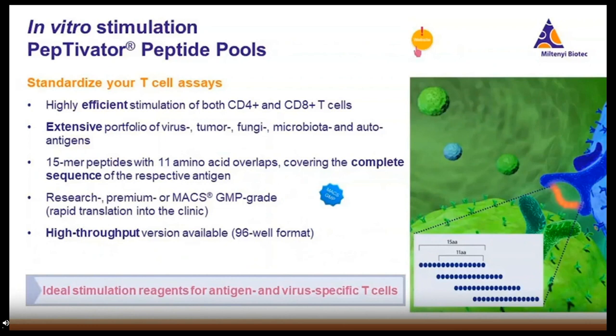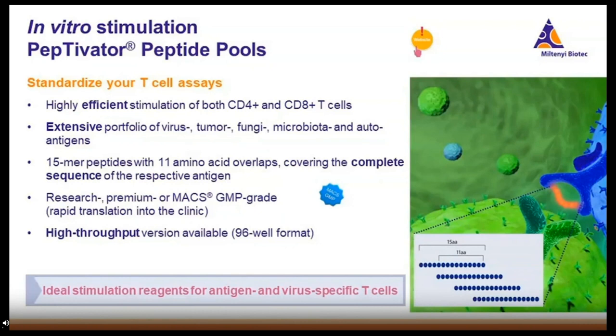The peptide pools always consist of 50-mer peptides with 11 amino acid overlaps, which cover, let's say, the complete sequence of the studied antigen.